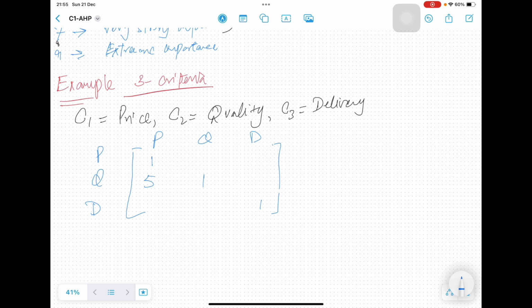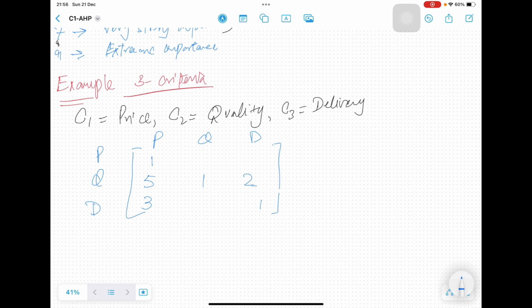Then I say delivery is moderately more important than price, I can say 3. And quality is slightly more important than delivery, just 2. Now, as you can see, you have to complete the matrix.